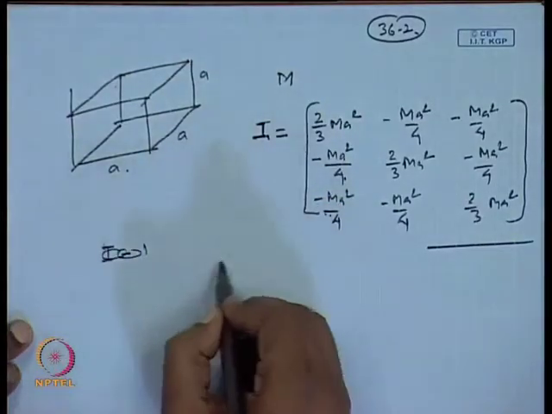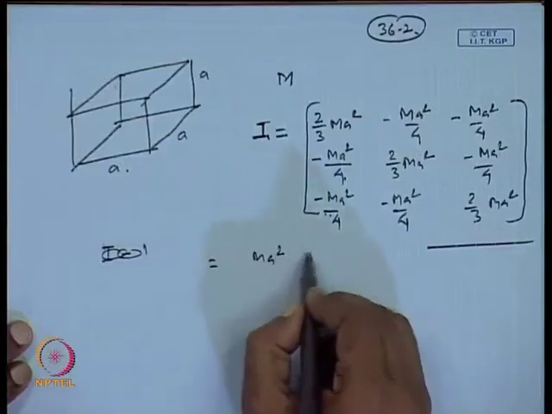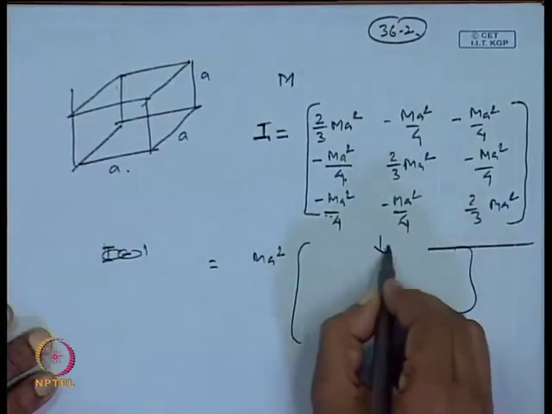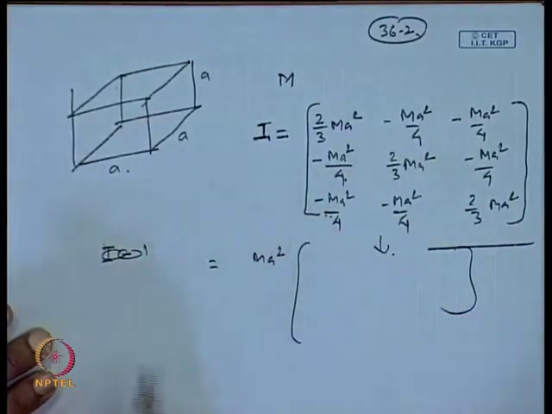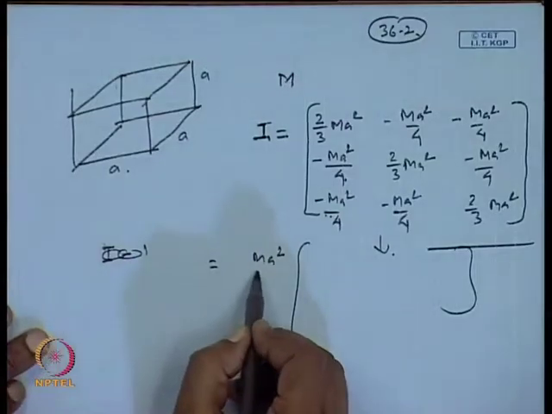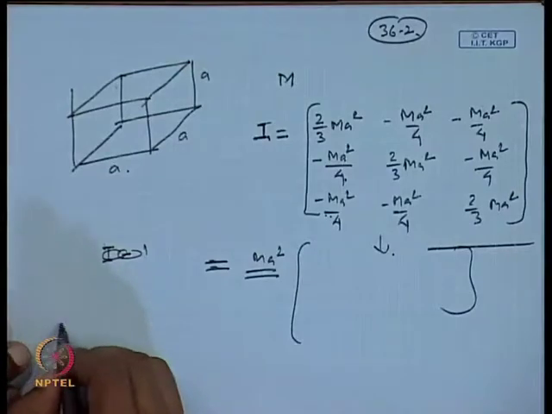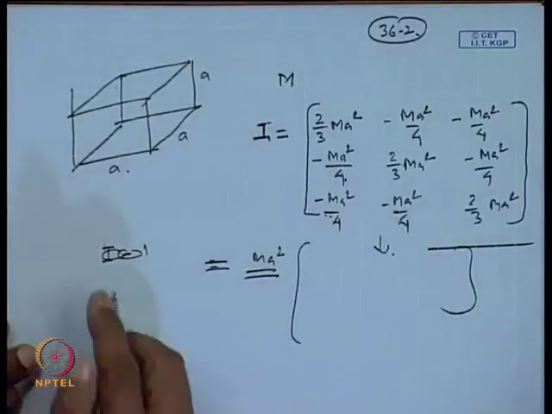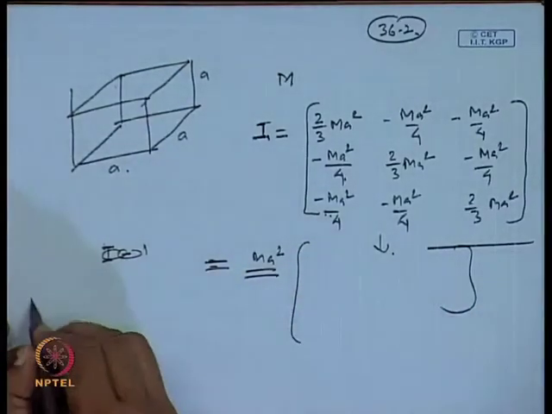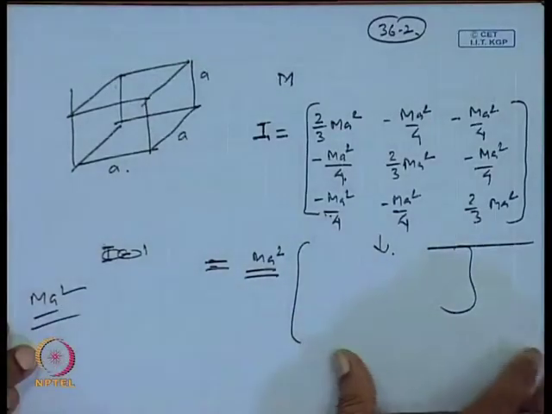Okay, first of all we took out the m a square outside, and thereafter we kept the numerical terms inside only. So, whatever numerical terms come in the diagonal elements will get multiplied by m a square.